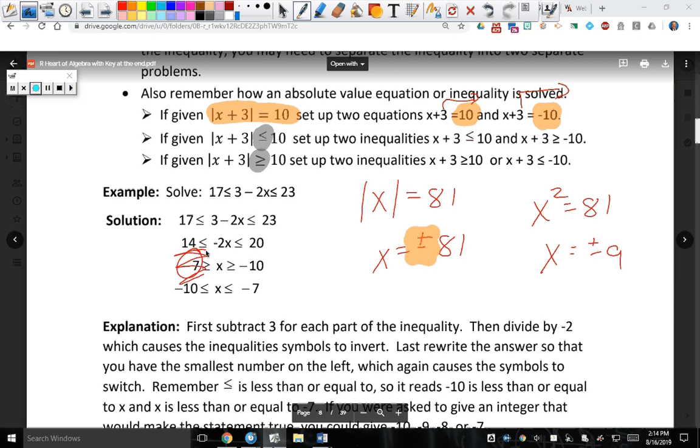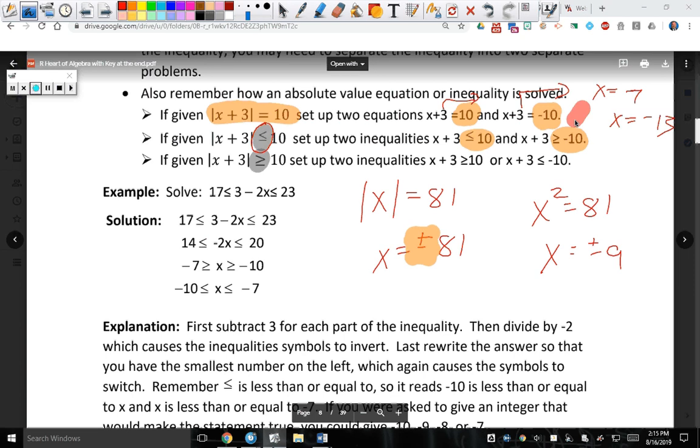Oh, this is a different setup. This is a different problem. I shouldn't have highlighted that. So over here, you would get x equal to 7 and x equal to -13. Do we agree? Okay. Now, if there are inequalities, you're going to do the same thing. The only difference is right here.